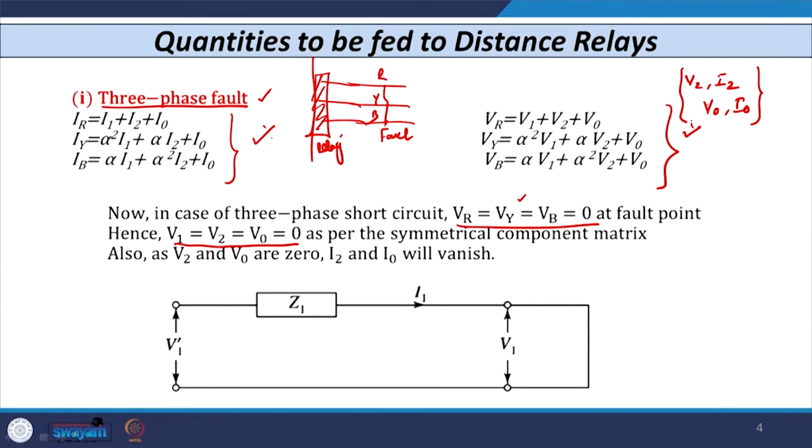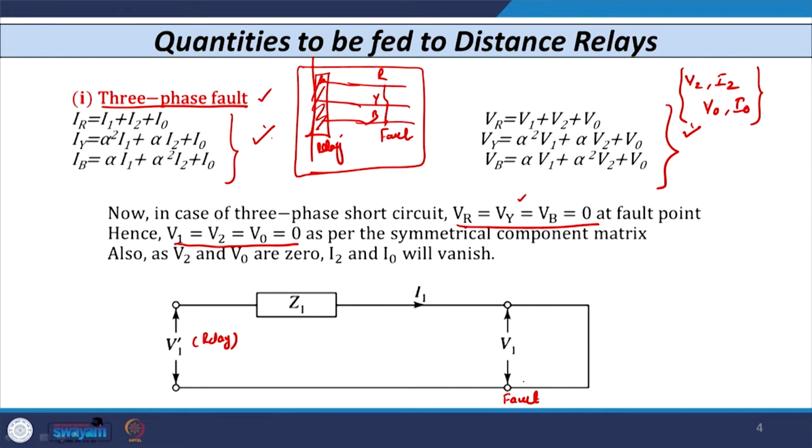If I draw the circuit based on this diagram, then we have the voltage at the relaying point. Z1 is the impedance of the line from this point to the fault point, and V1 is the voltage at the fault point.